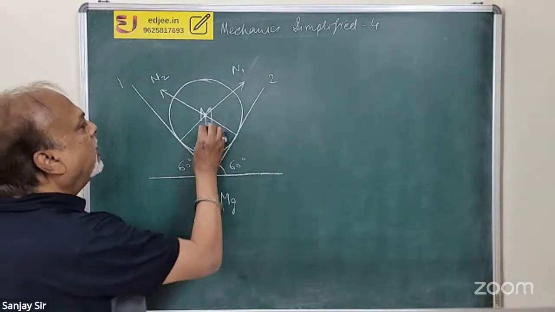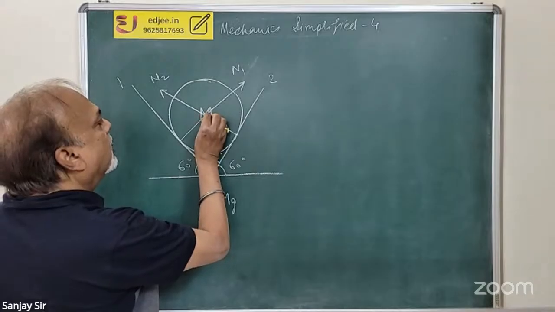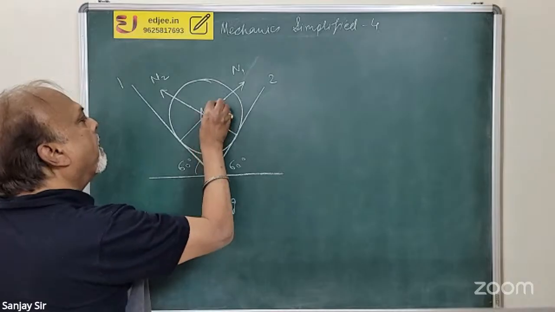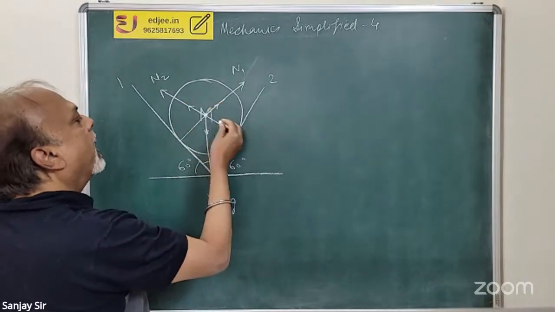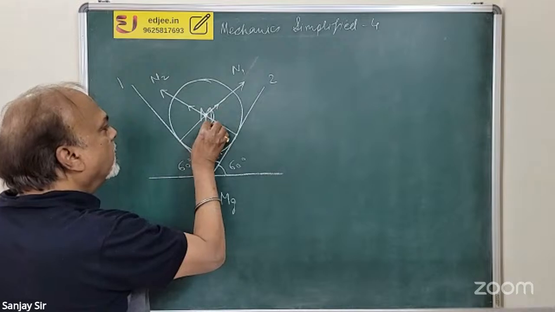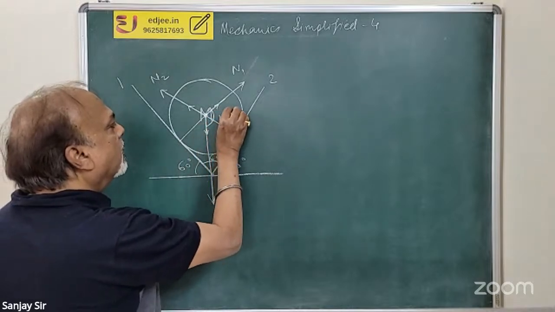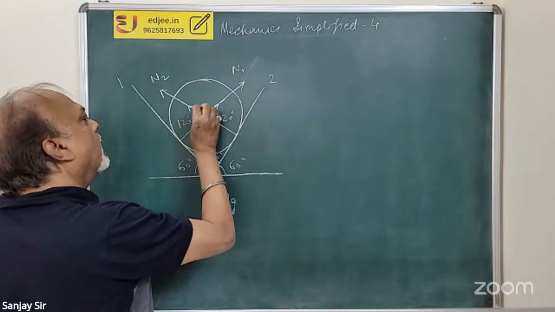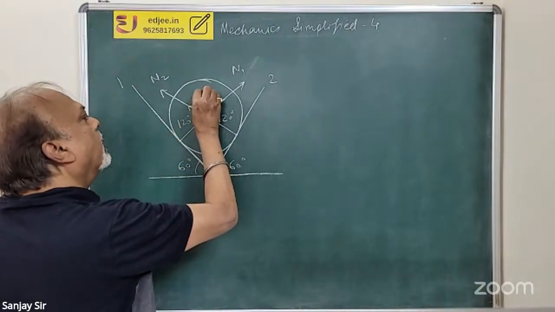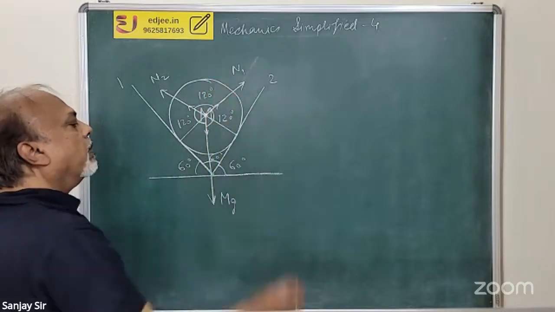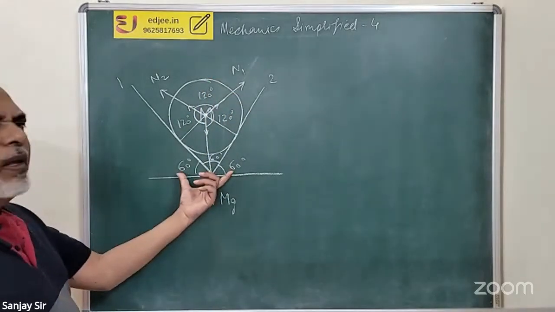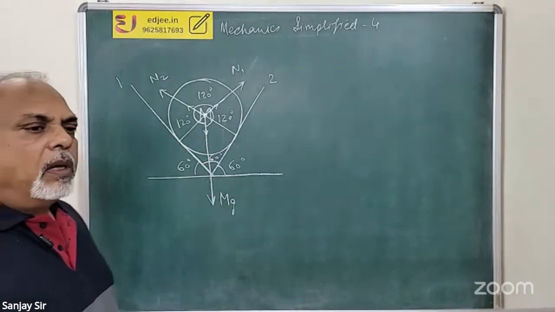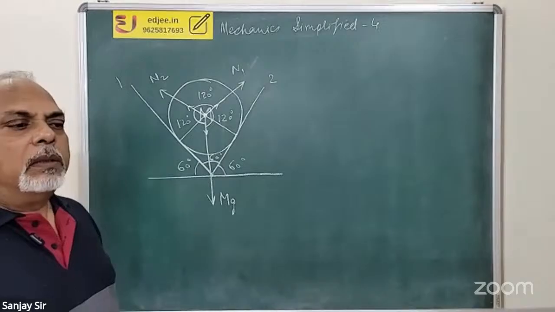Just see, this is the point. The three forces are there. And what about the angle between them? This is your 120 degree. This is your 120 degree. And this is your 120 degree. If I have taken this 60-degree angle, you can calculate according to your question.